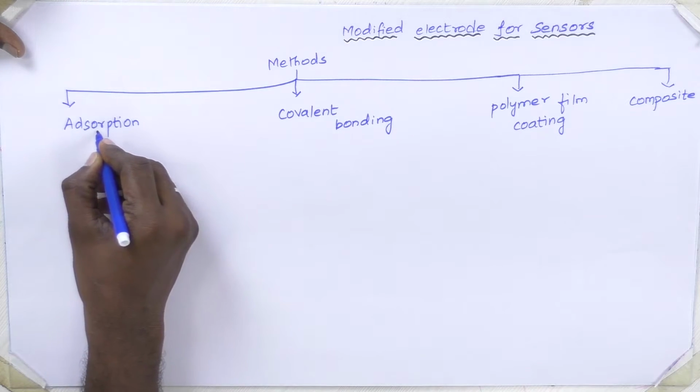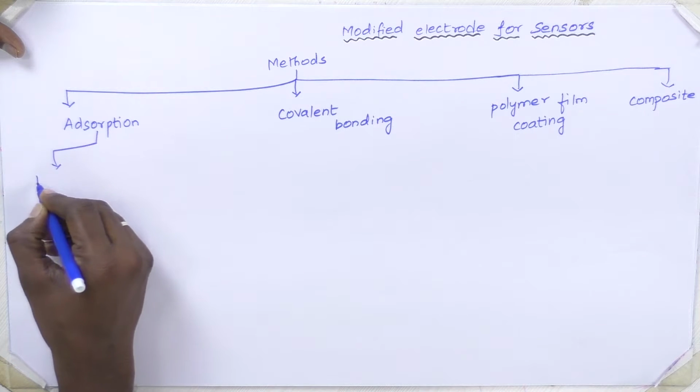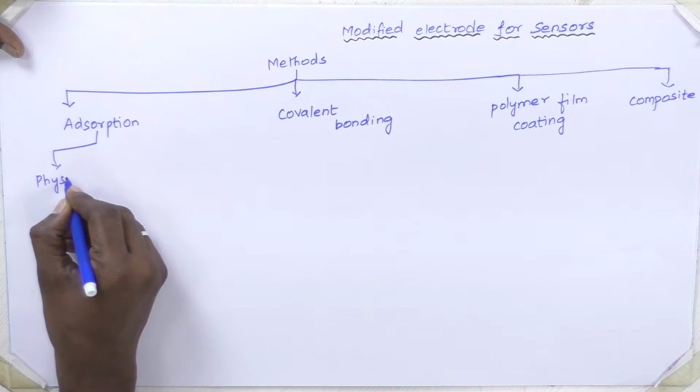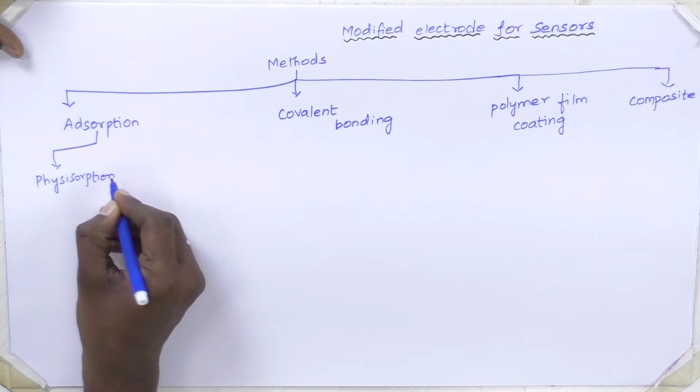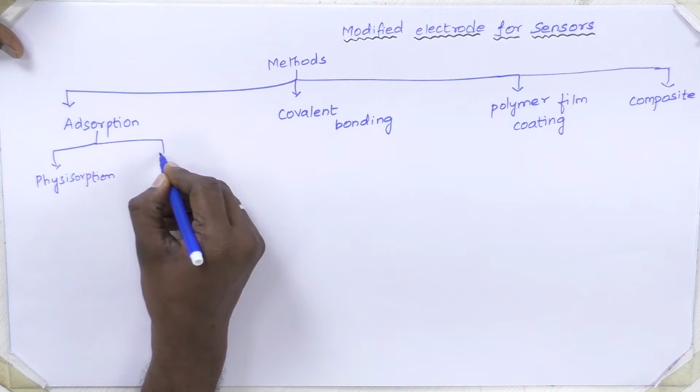Adsorption. Adsorption is a surface phenomenon. The molecules are adsorbed on the surface of other molecules. Adsorption can be of two types. One is physisorption, that is physical adsorption.